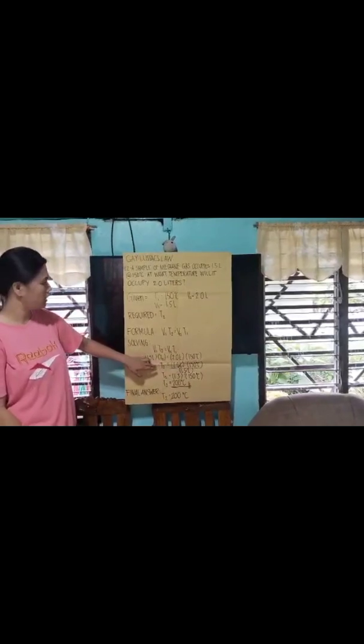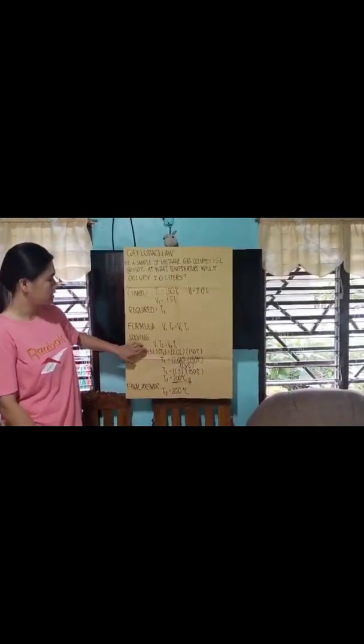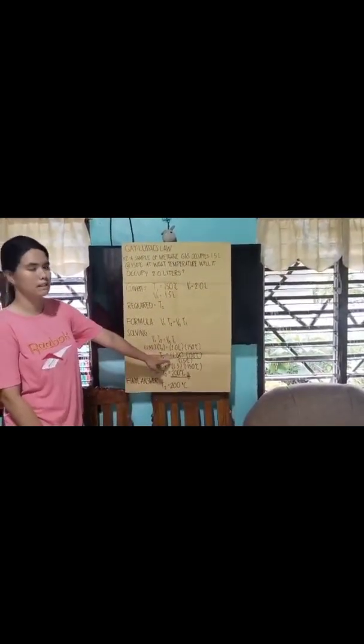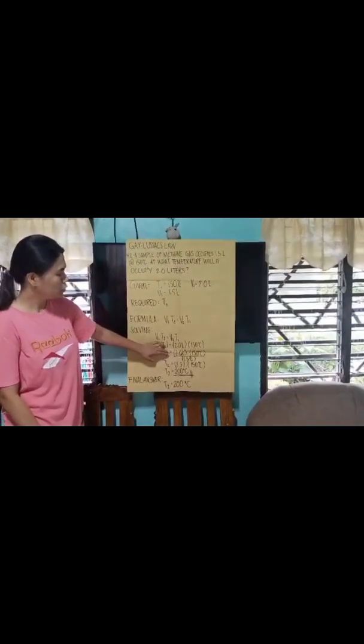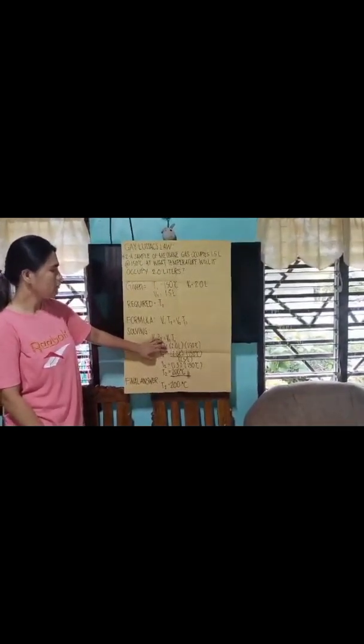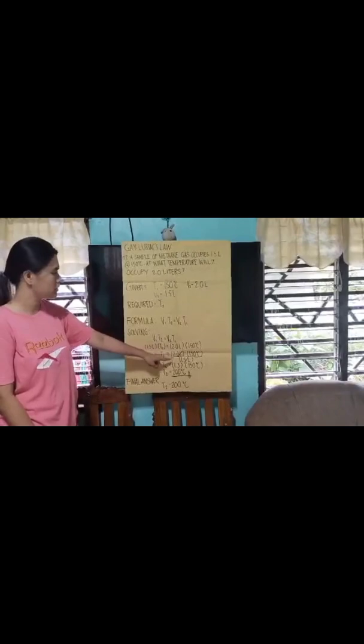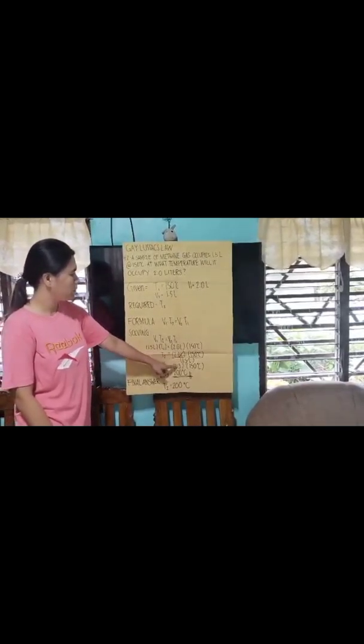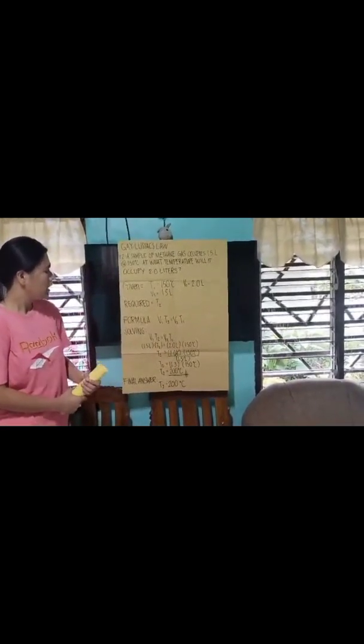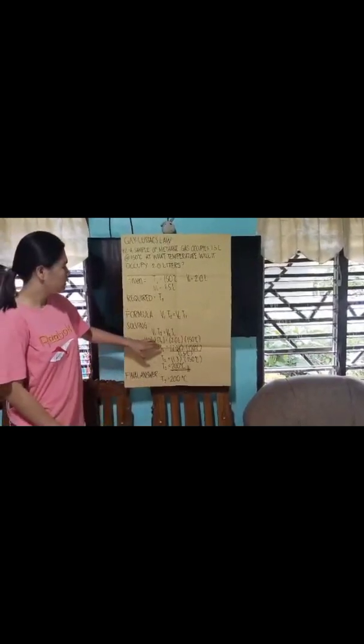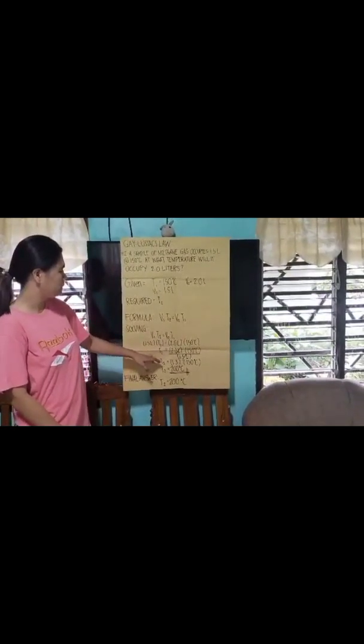Since it is T2 that we are looking for, we will move V1 to the other side. So it becomes 2.0 liters multiplied by 150 degrees Celsius divided by 1.5 liters. We will do the division first, which is V2 divided by V1.